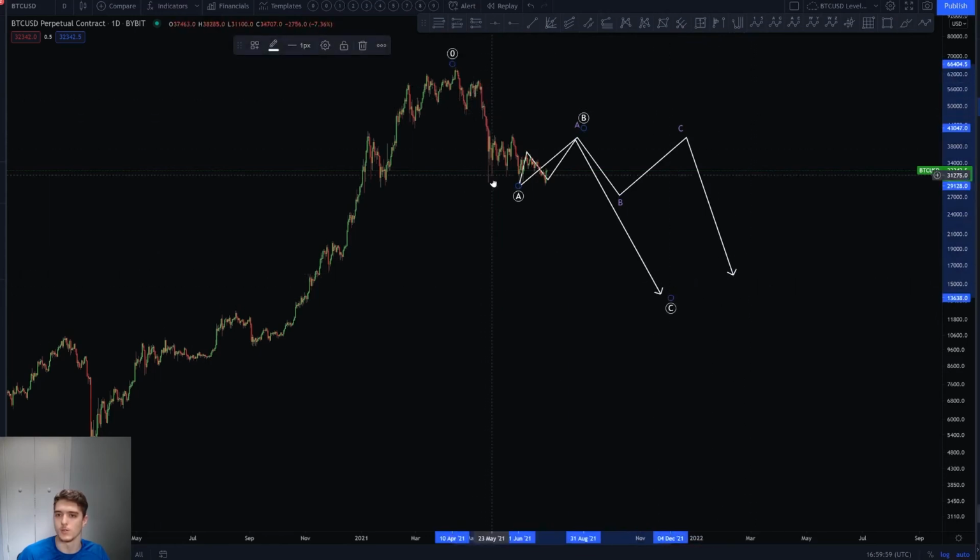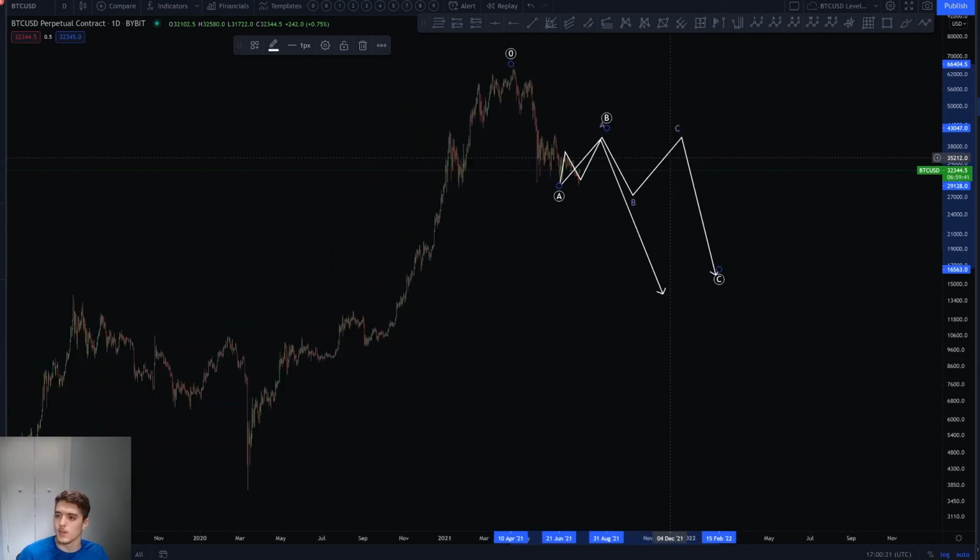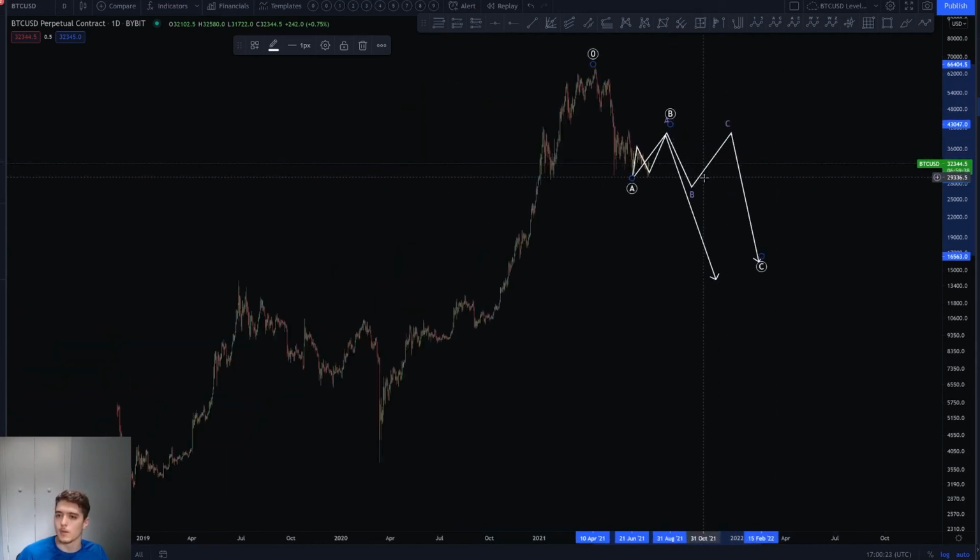So another 1, 2, 3, 4, 5. But regardless, if you do short the C wave of this flat, then you should still be able to make money, because if you use a trailing stop loss or if you take profits on the way down, then even if we come up for this C wave right here, you'll get stopped out in profits, or you'll have already taken profits. But yeah, that's the main thing I wanted to show you in that regard.